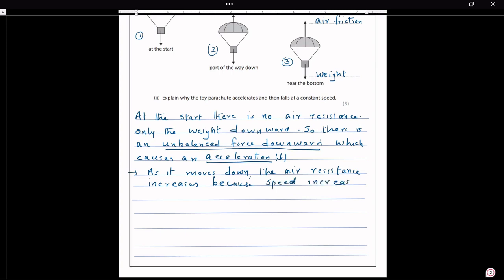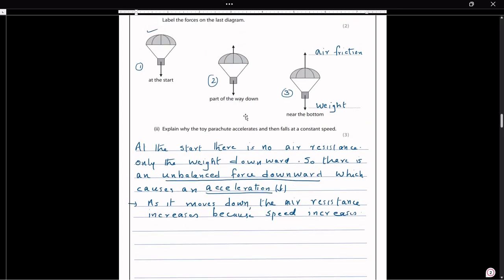Now it is coming towards Earth, in the same direction as the pull of Earth. Therefore, the speed is increasing. As the speed increases, the air resistance is also increasing. Exactly the same thing, only they are showing it in the second picture.